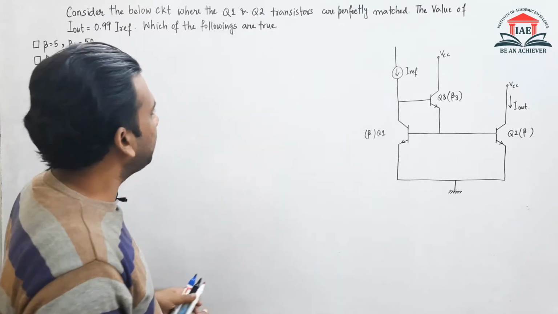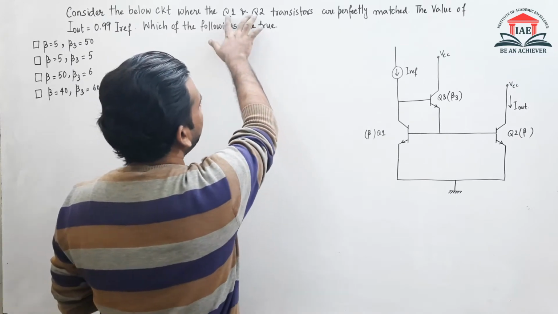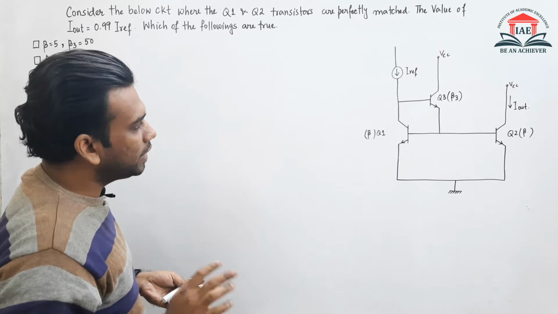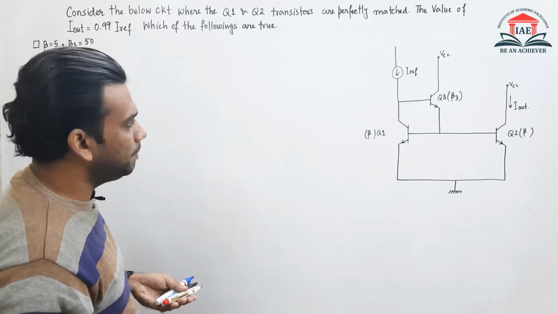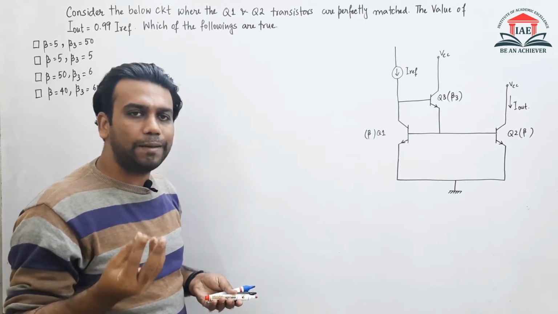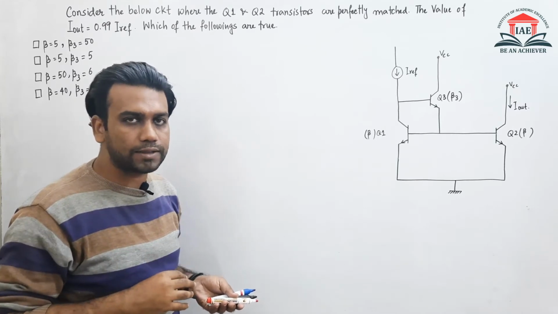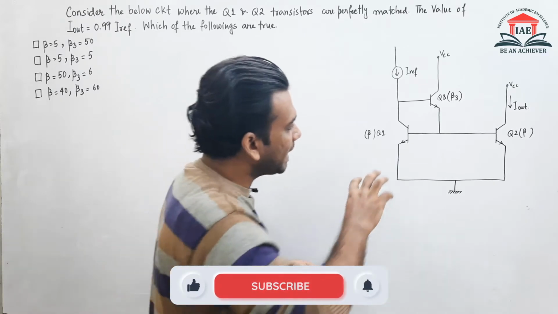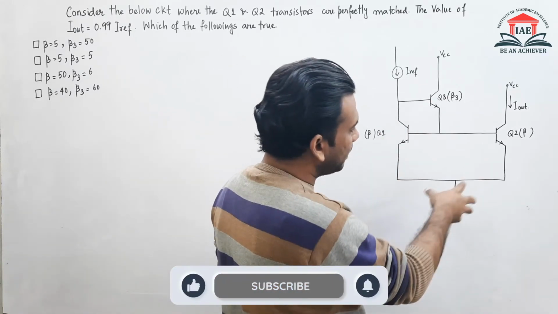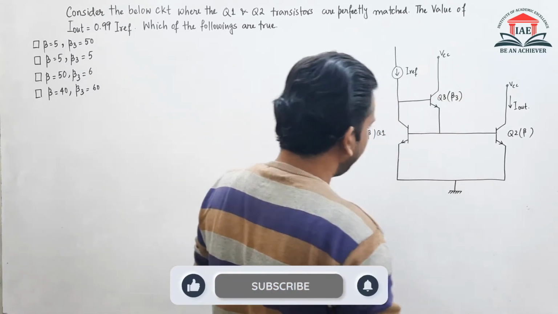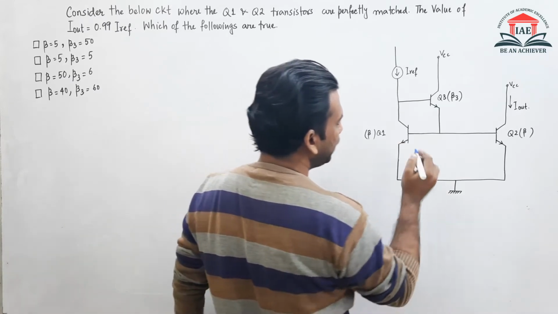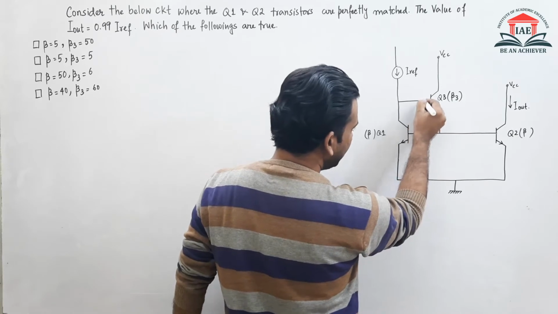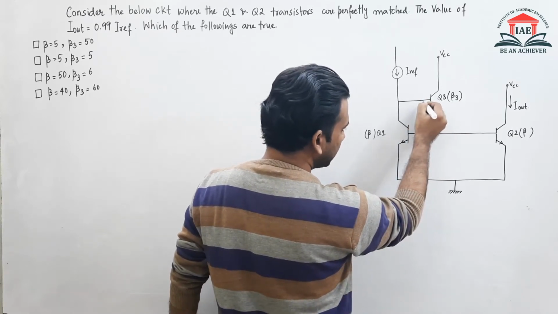So the first thing, what is said here? The first thing is that Q1 and Q2 transistors are perfectly matched. So if they are perfectly matched, we know the parameters will be the same for the two transistors. Before going to that, let us name the current components in the circuit. The first current component that I am denoting here is for the Q3 transistor.